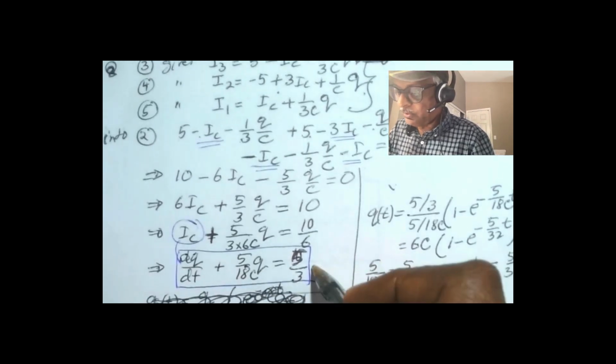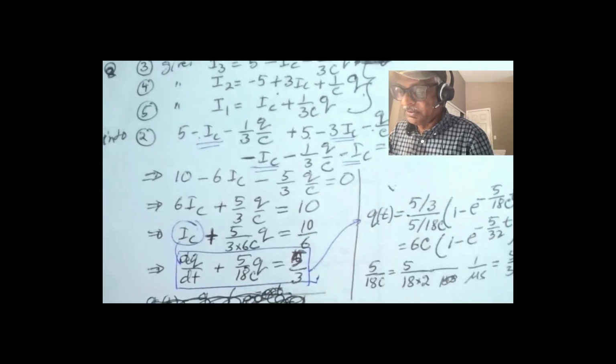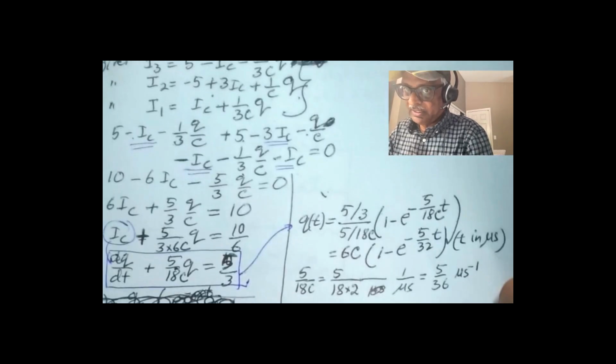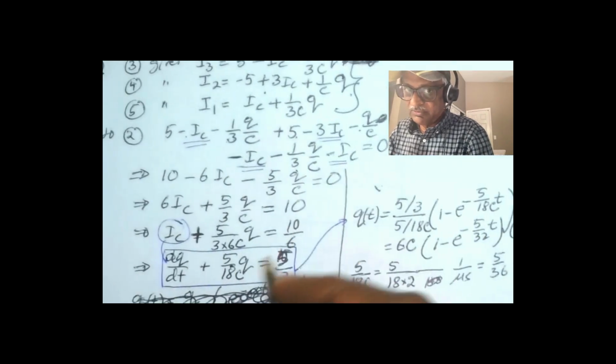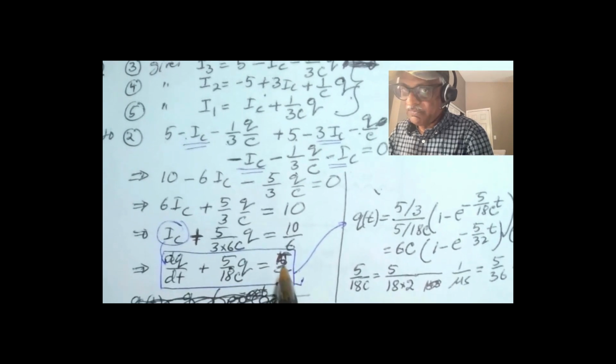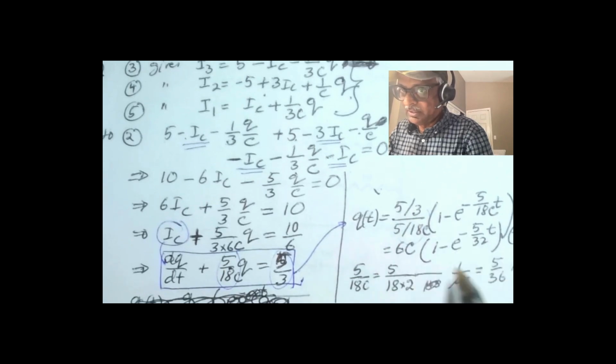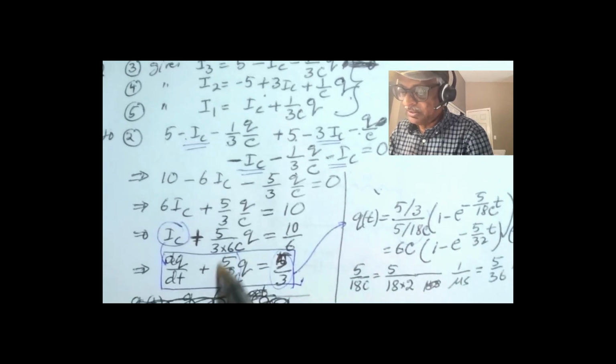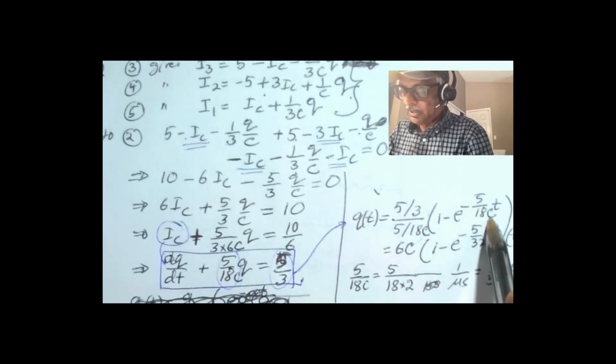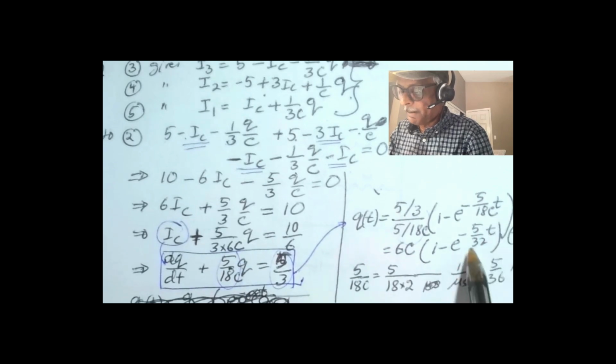Which I can actually solve pretty quickly. In equations like this, you can see the answer will be the ratio of this over this, and then 1 minus e to the minus t over the time constant, so it's going to be like this.